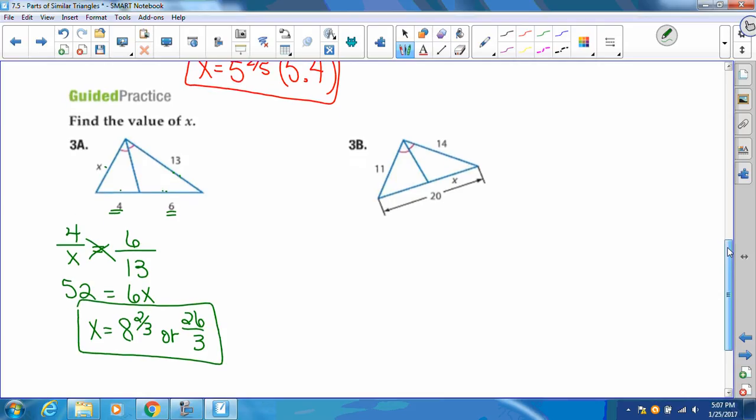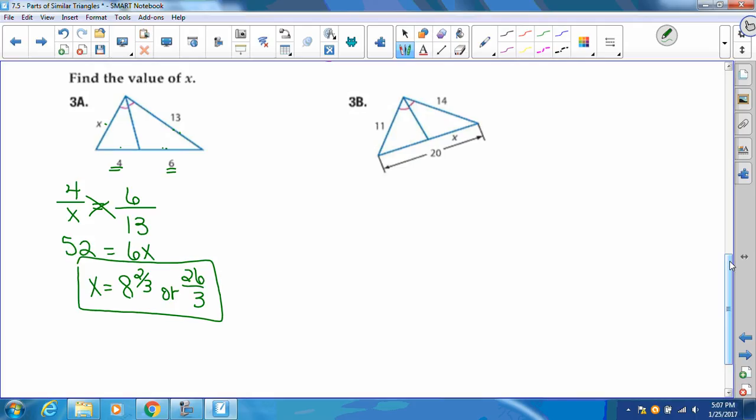And then the last example, again, I have an angle bisector, but I have to do the parts of the segment. So again, I have to write this as the whole, which is 20, minus that other part, which is x. So now I can do 20 minus x over 11 equals, and then 20 minus x has to go with this other part here, x over 14. And then I'm going to cross multiply. So I'm going to distribute that 14 in.